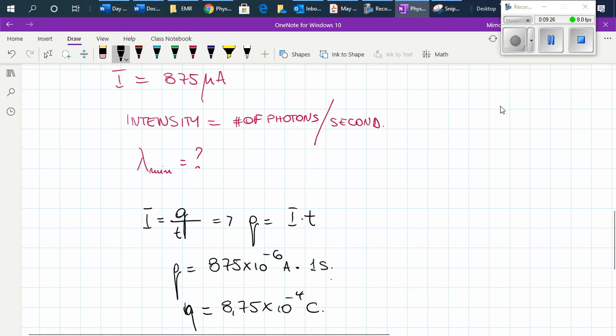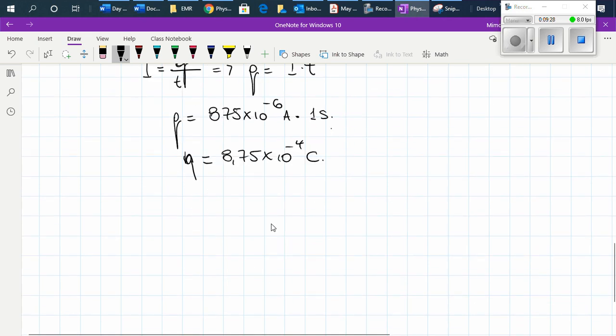Okay. So now the number of electrons that the charge has in this case will be n times the elementary charge.